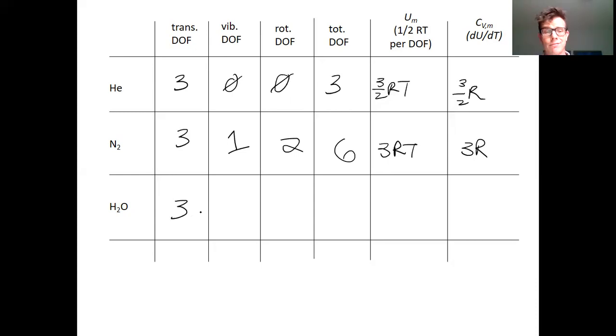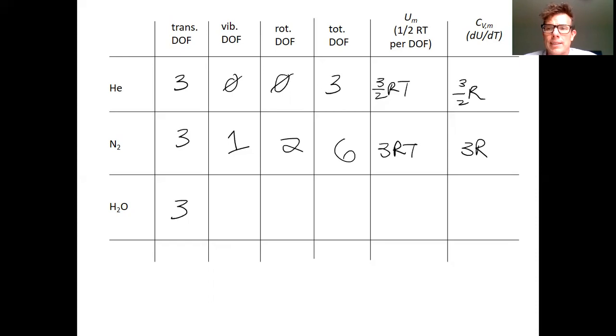3 translational degrees of freedom, X, Y, and Z. Vibrational degrees of freedom. Now you might be able to figure this out, but you quickly start doing some accounting in your head and you're realizing it gets complicated. So there's a symmetric stretch, there's an asymmetric stretch, there's bends, some of them might be degenerate.